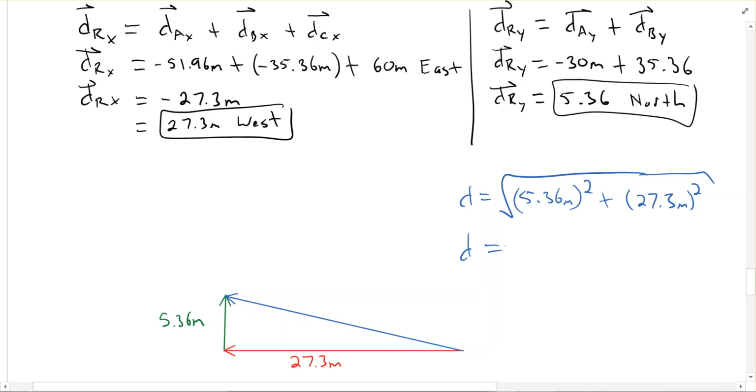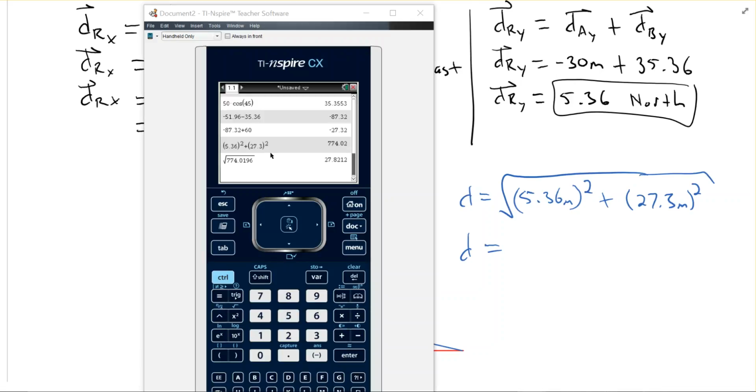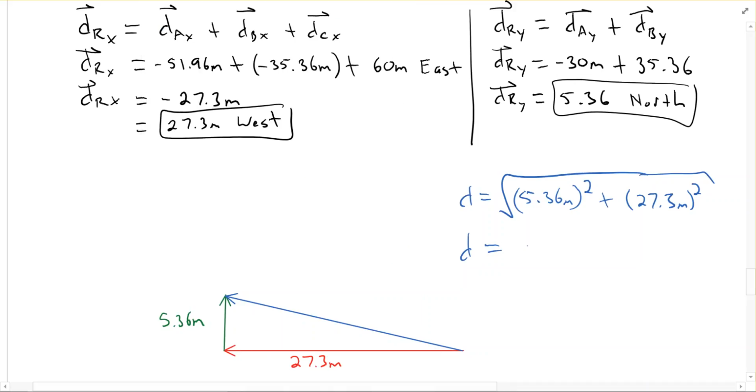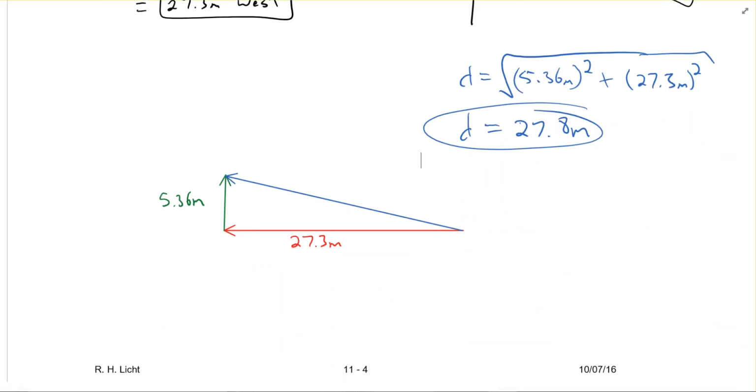So D is going to be equal to 27.8 meters. Okay, and you think we'd be done by now, but we're not. So that's what our magnitude is. This is 27.8 meters. Now we just got to figure out what our angle is.